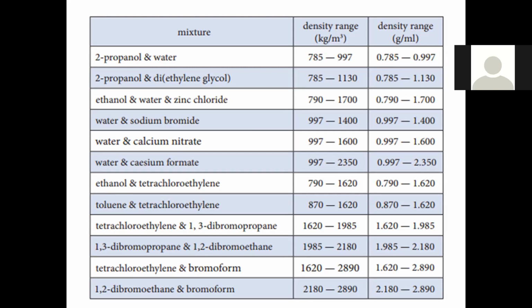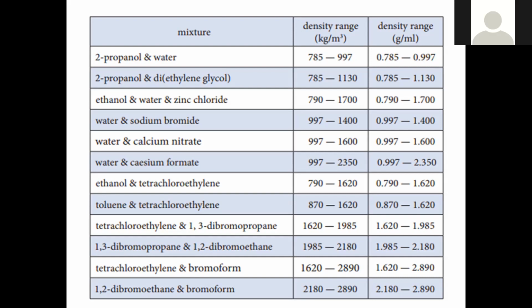Second one is 2-propanol with diethylene glycol. This combination of liquid will form the column from 0.785 to 1.130. Ethanol plus water plus zinc chloride, 0.79 to 1.7.